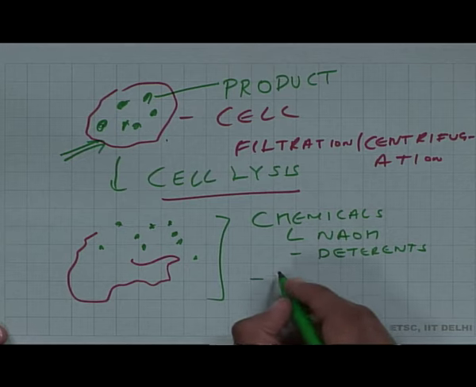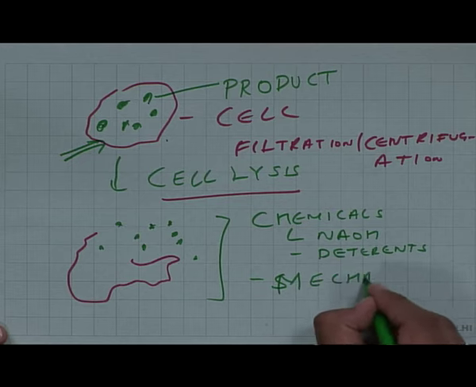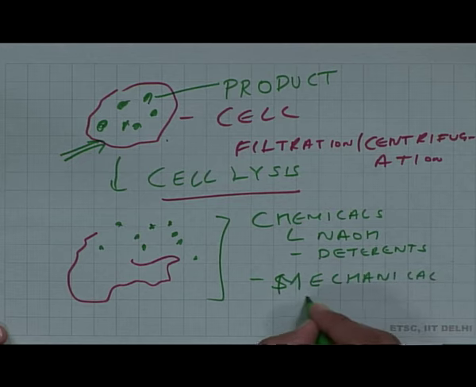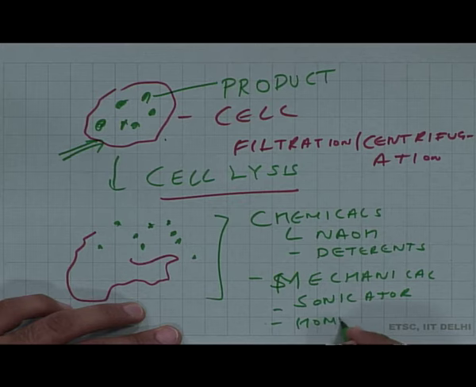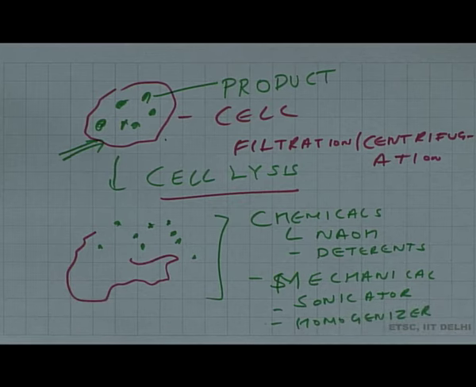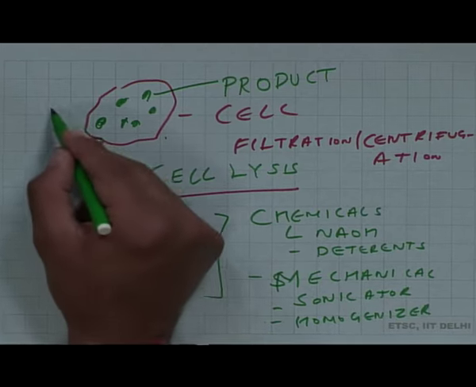You can use mechanical method like sonicator, which is lab scale, or homogenizer. Sonicator is typically lab based, it is not used at the industrial scale, but homogenizer is used at an industrial scale where you put mechanical pressure on the cell wall and again break the cell wall.